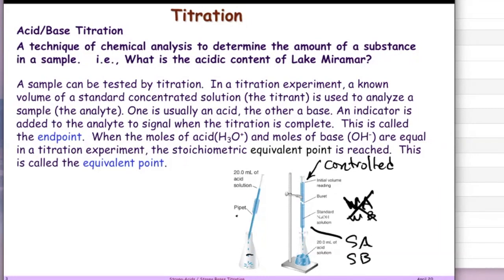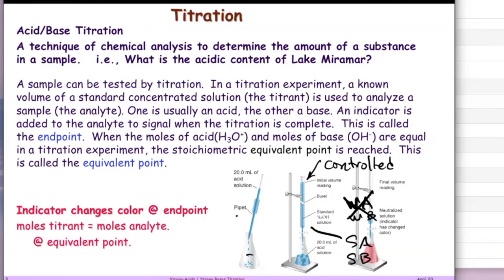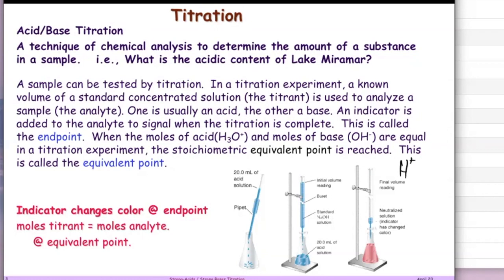If you have strong acids or strong base, you know that it's going to demand that the hydronium be accepted by the base, the analyte base, or if you have a base there, you know that the base is going to dictate that it removes as much of the hydronium from that analyte acid. Okay, that's why you want to have it controlled. And then you're going to titrate it to, usually you put an indicator in there to tell you that you've reached the point where the hydronium ion concentration is equal to the hydroxide ion concentration.